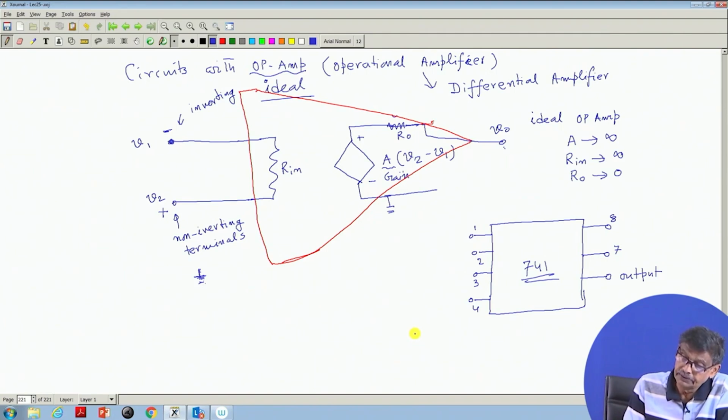And pin number 3 is the non-inverting terminal, and 2 is the inverting terminal.